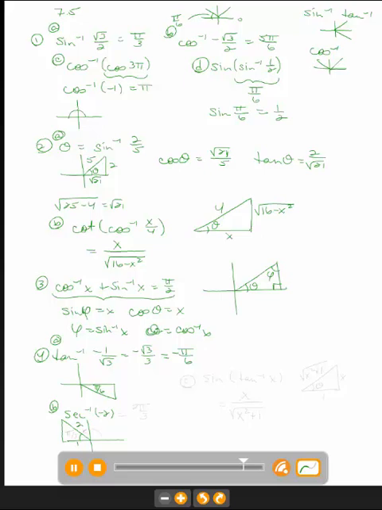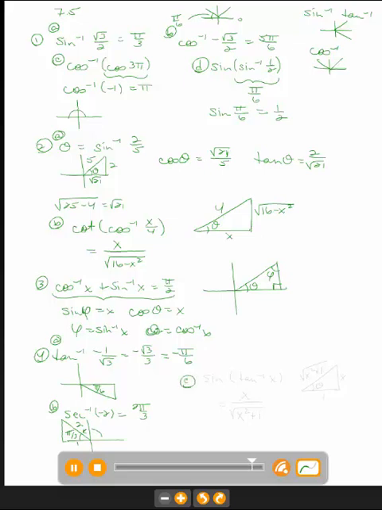So hypotenuse over adjacent, so this is 2 and this is 1. Okay, when is the cosine a half? Cosine is a half at pi over 3. So this guy is pi over 3, but I need the angle that gets me there. And so that would be 2 pi over 3.